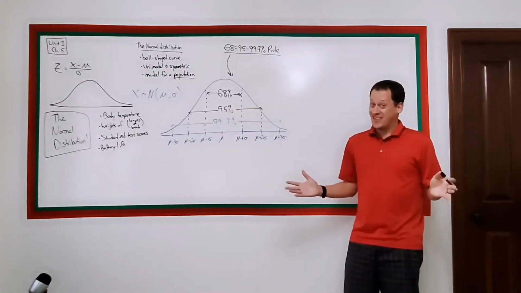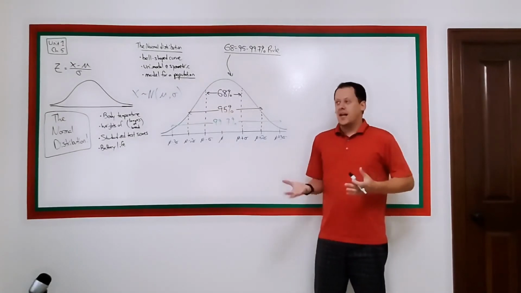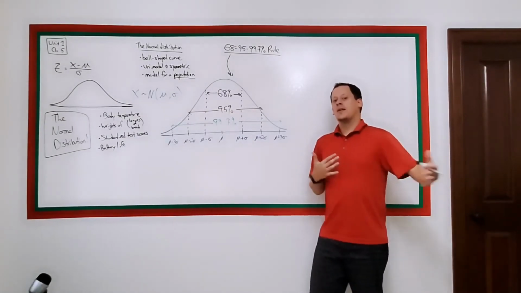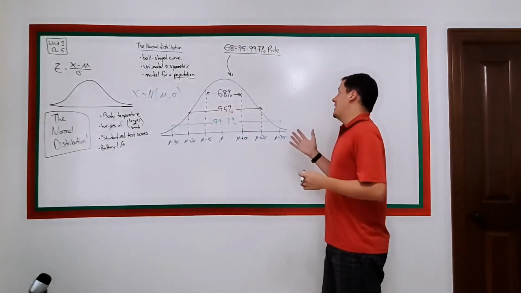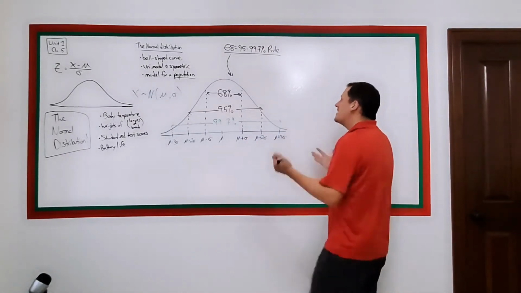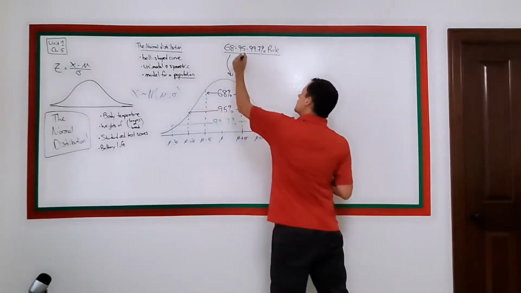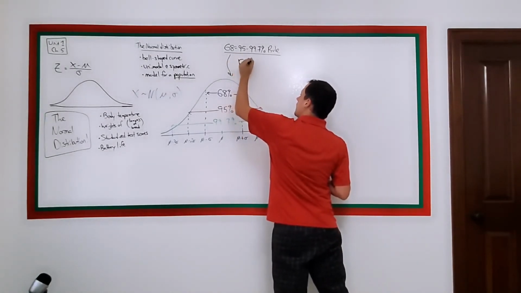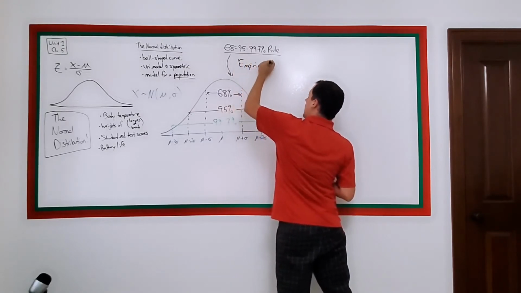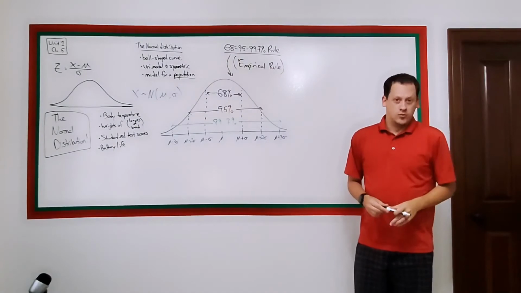Just so you remember the numbers. They are pretty important. They do come up occasionally as we go through the course. That is one of the names. And if you remember that name, you'll remember the numbers. It is also, probably more widely in professional circles, called the empirical rule.